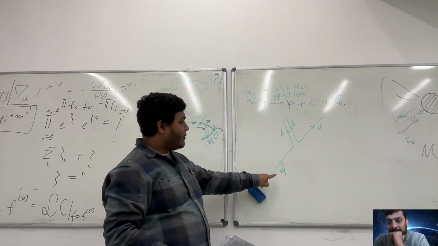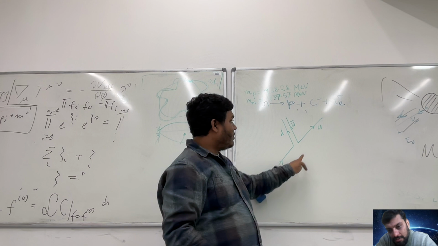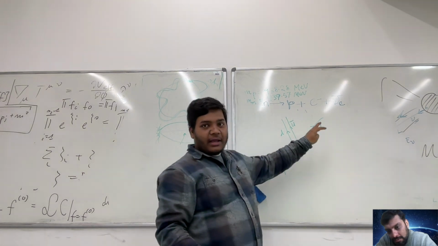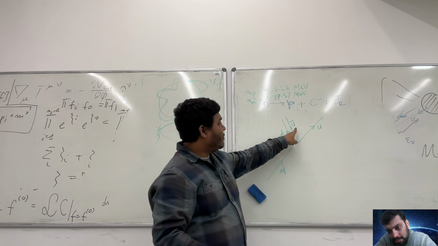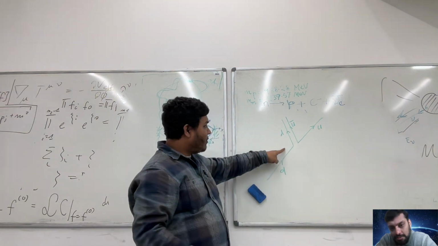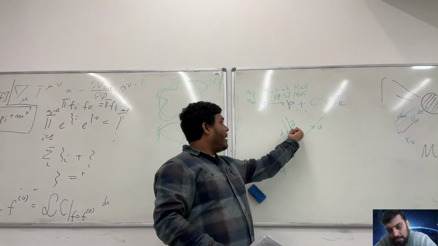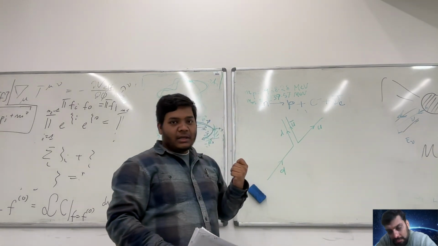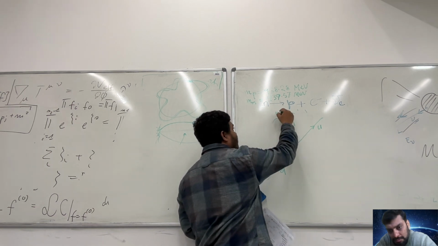So my final state was this down quark which changed to an up quark. And how did this change happen? This up quark is created with its antiparticle, the anti-up quark, and the down quark. This up quark and this down quark together form this W minus.